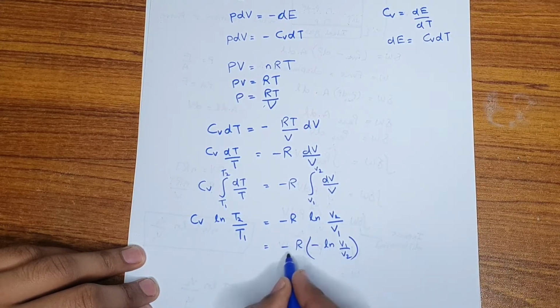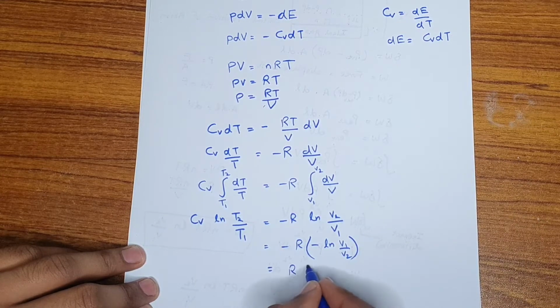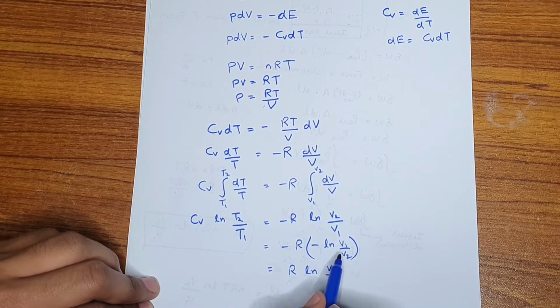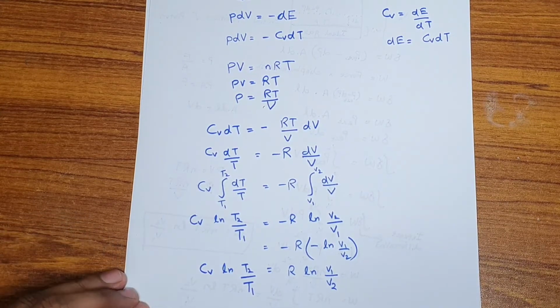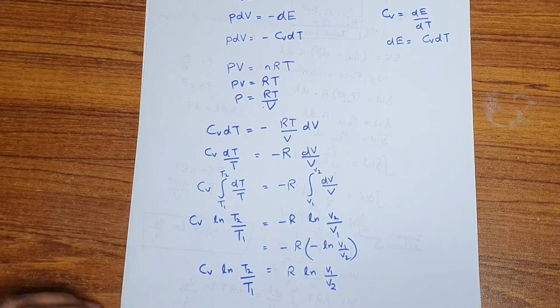And when R is multiplied by this, minus minus becomes plus, and I will have R ln V1 over V2. So on switching the numerator and denominator, this minus will be consumed, and I will be left with CV ln T2 over T1. Now I just have to plug in the value for R.